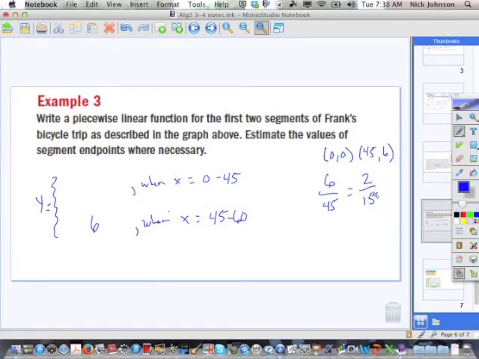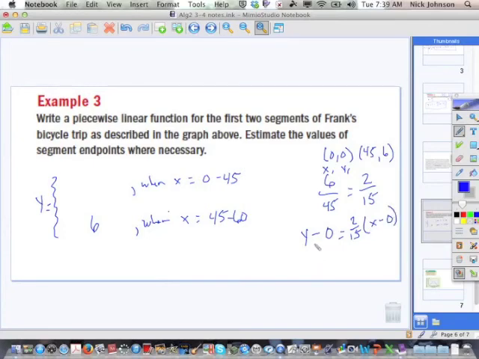Okay. I can use (0, 0) as my x1, y1. So y minus y1, which is 0, equals my slope, which is 2/15, times x minus 0.